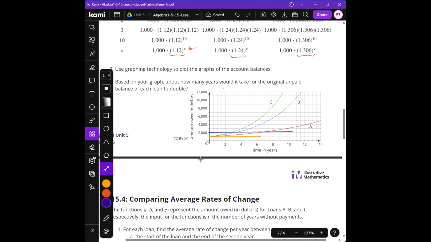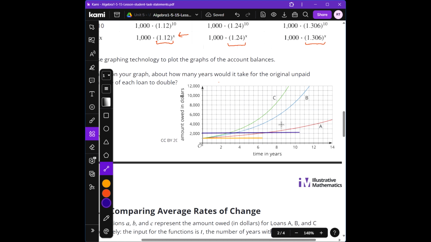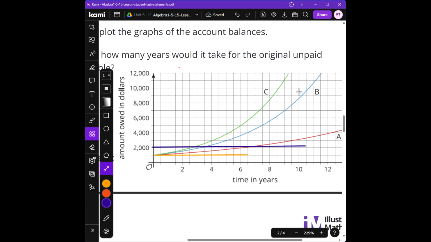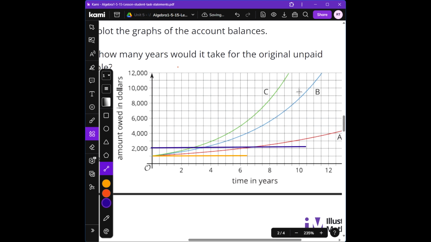All right, and so then what we're going to do to double, let's see, zoom in a little bit. All right, so for C, let's see here. We're looking here, and that's going to be about 3 years.